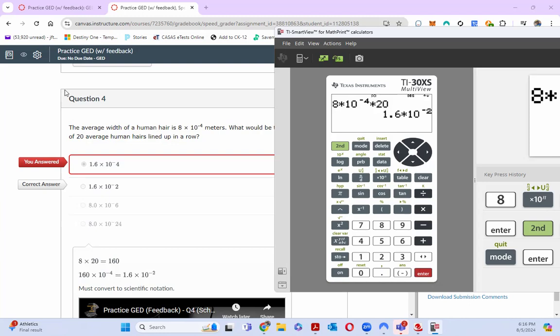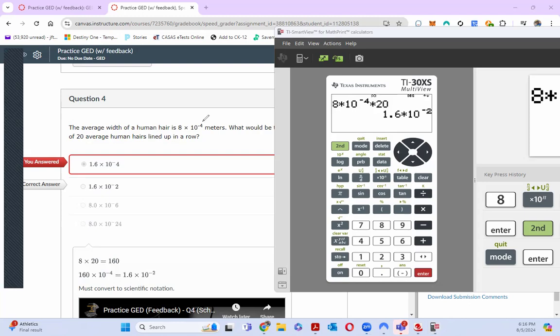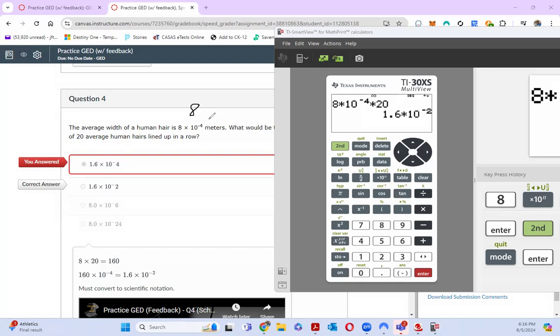So this is why I changed this. I didn't look at it as 8 times 10 to the negative 4th. I looked at it as 8, because then it makes more sense. Now, if I know the average hair is 8, and I got 20 of them in a row, that tells me I need to multiply. I could add 20 times, but we know what multiplication is: adding multiple times.